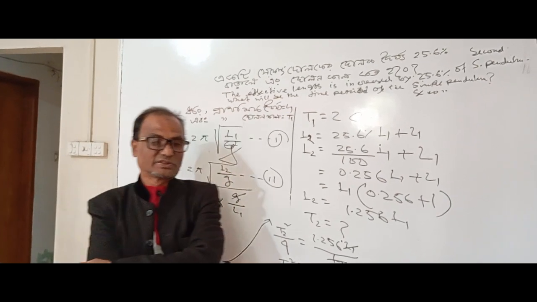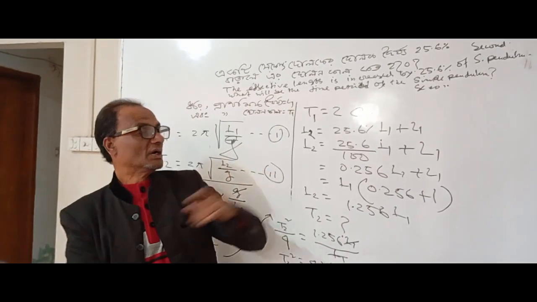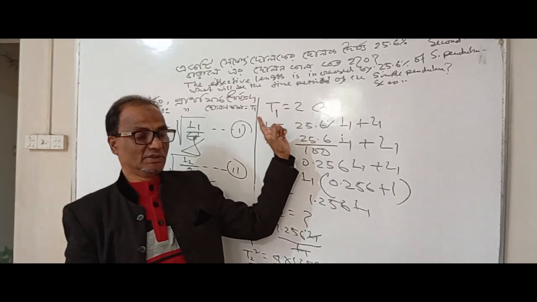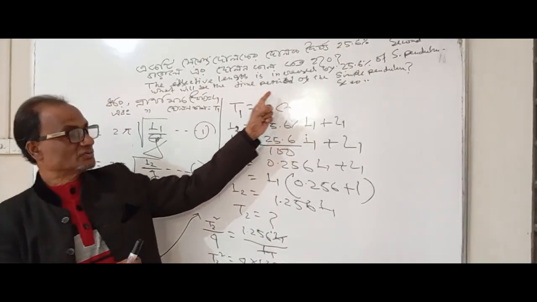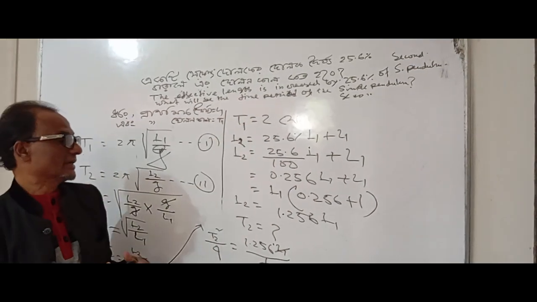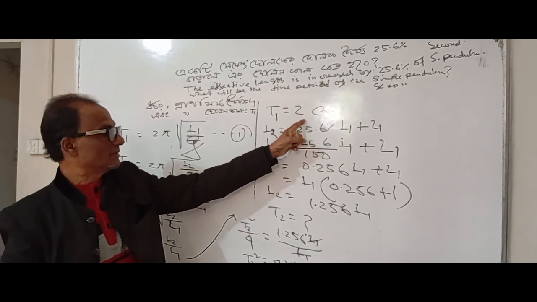We know the second pendulum, where the time period of the second pendulum is 2 seconds. So here T1 is taken as 2 seconds.